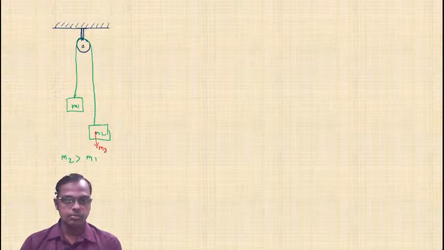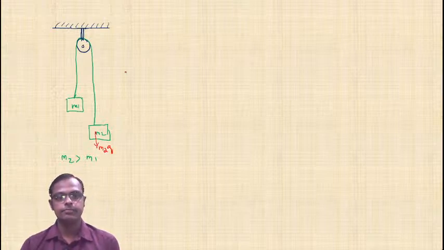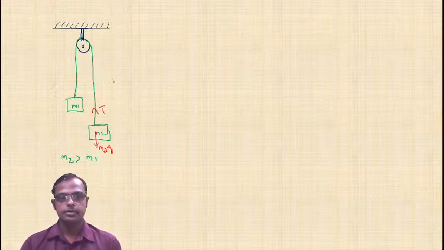In the downward direction, there will be M2G acting. Due to M2G, there will be a tension on the string, that is T. So here also there will be the same tension T, but the direction is different, away from the mass. Therefore one more tension T will be acting upward on M1.